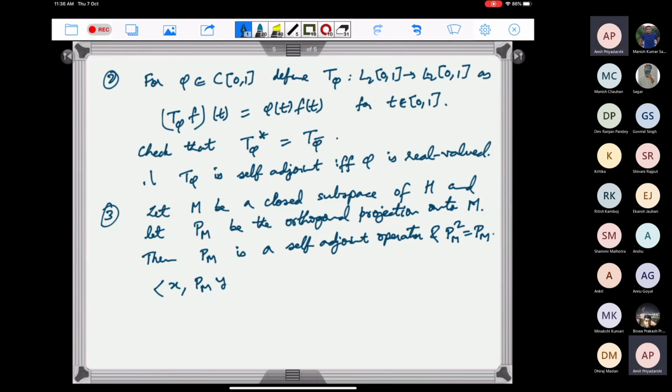Let me write Pm x inner product with y. This is equal to x inner product with Pm star y. So we have to see that that is the same as x inner product with Pm of y.